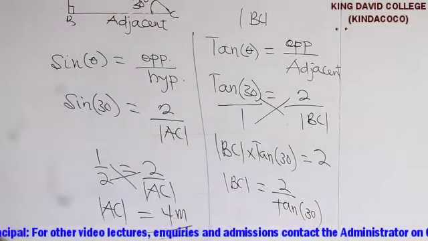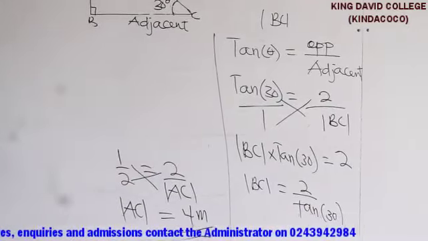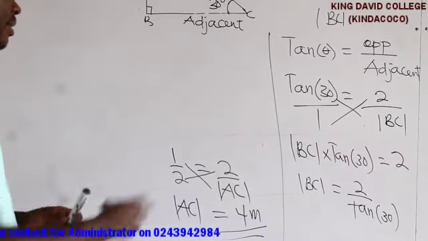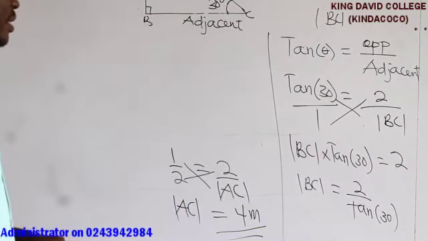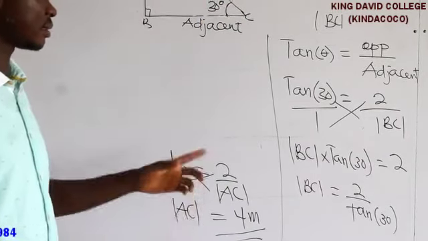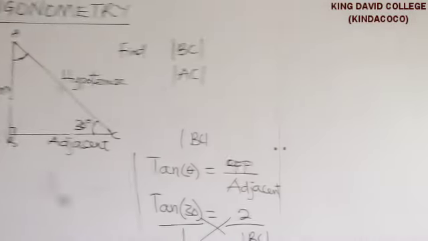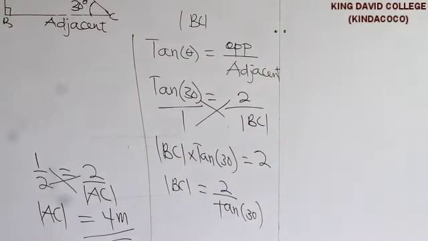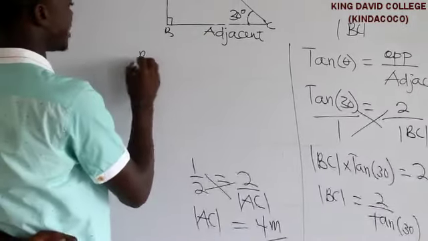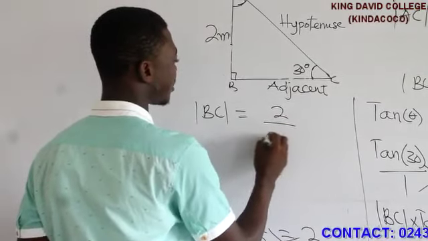I can just continue from this place. We know tan 30 to be 0.58. When you divide sin 30 by cos 30, you get 0.58, or simply punch it on your calculator. So tan 30 is 0.58, and so BC is going to be 2 divided by what?